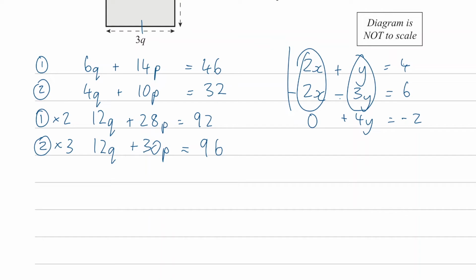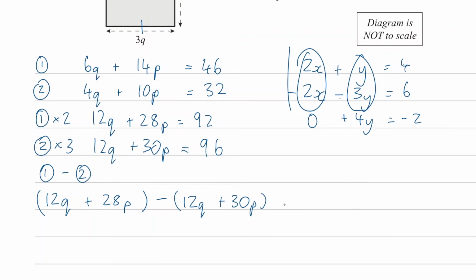So we'll do equation 1 minus equation 2, which gives us, I'll just write it out in full, 12Q plus 28P, and then from that we are minusing 12Q plus 30P. And on the right-hand side, it's 92 minus 96.